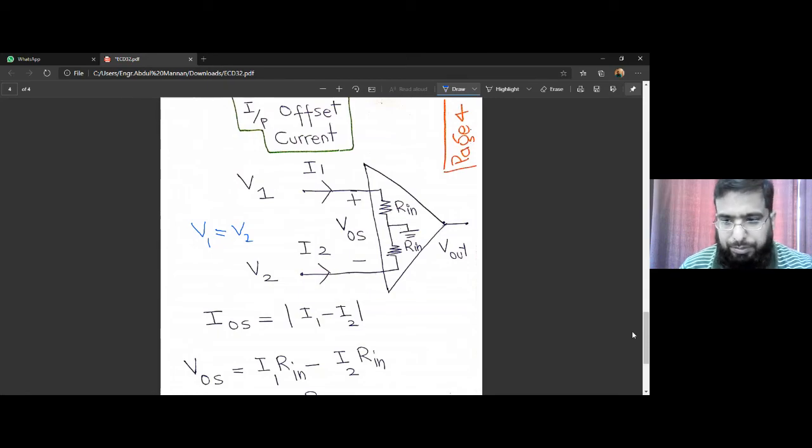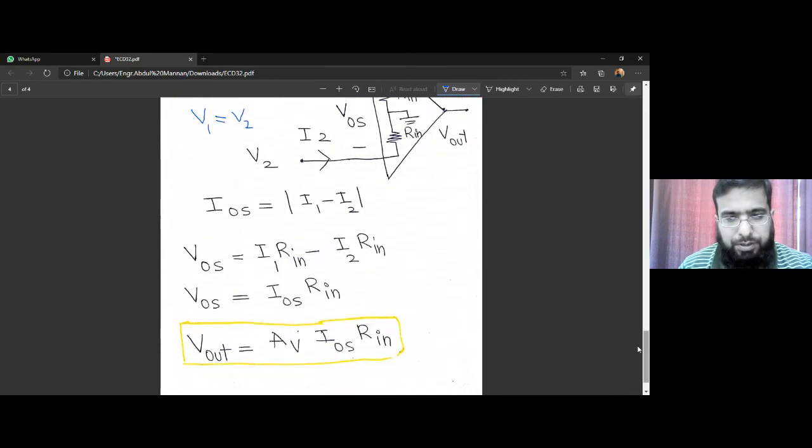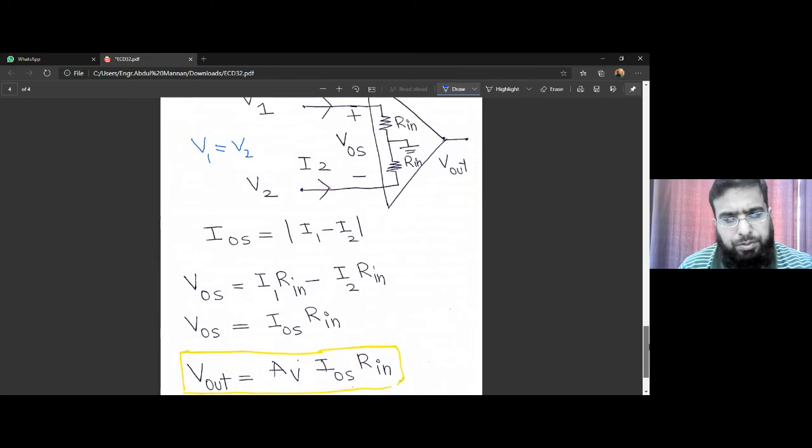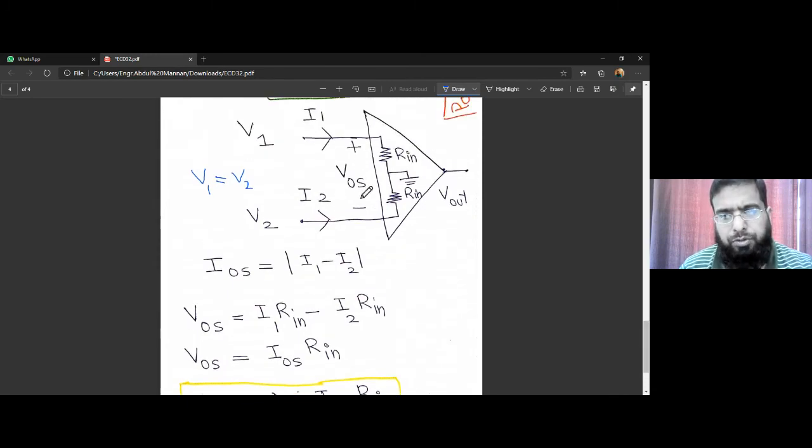because there is a slight difference between the R ins here. So this difference is I1 minus I2. So VOS, the input offset voltage, can then be written as I1 times R in minus I2 times R in. Why minus?